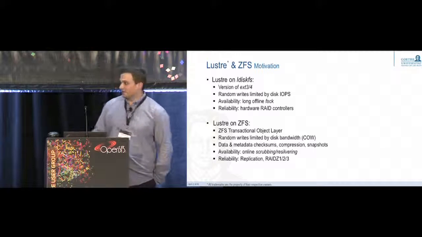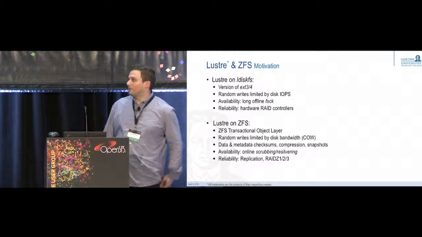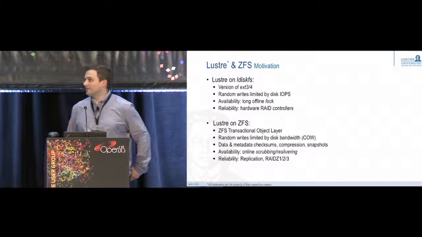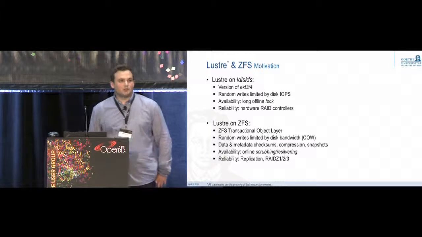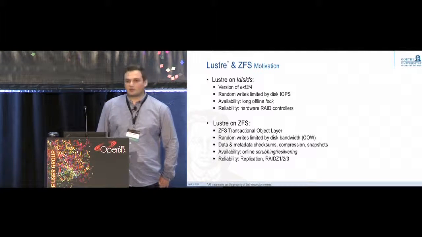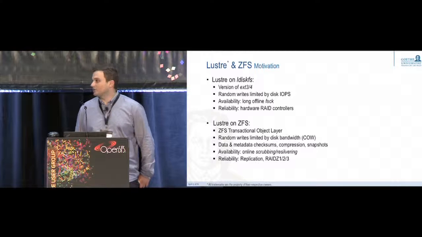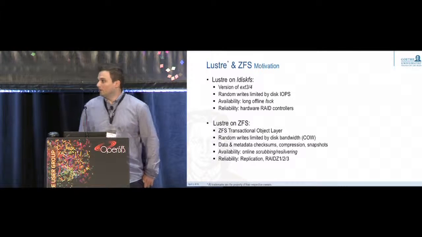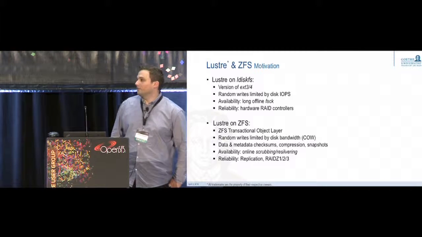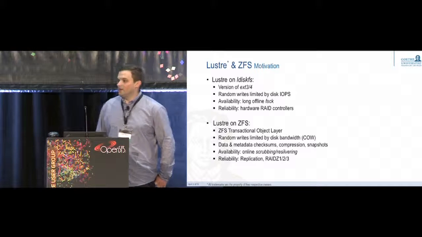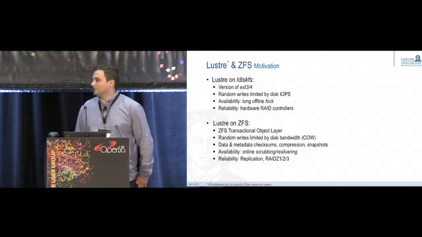So here's the standard slide that we already saw today, why we chose ZFS. We traditionally used RAID 6 controllers to do our reliability, but with ZFS we stand to gain other features like data and metadata checksums, compression.